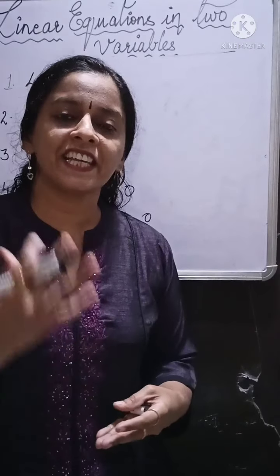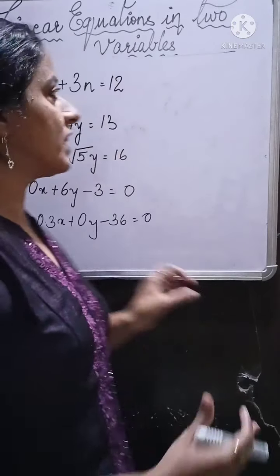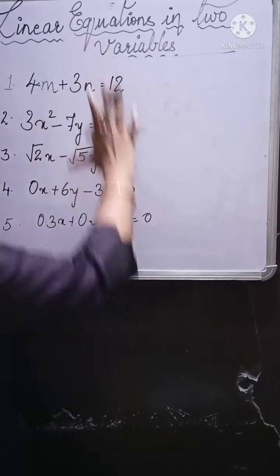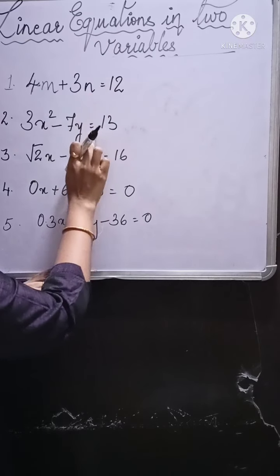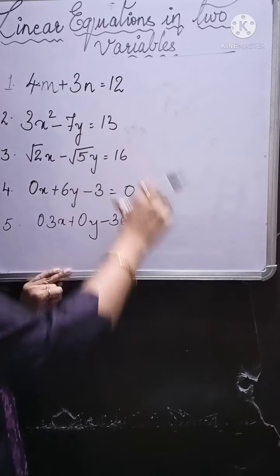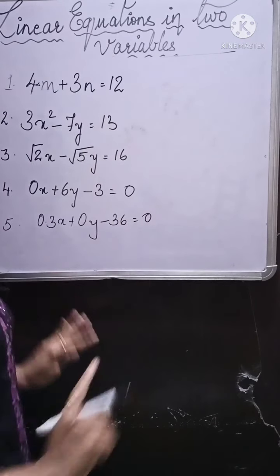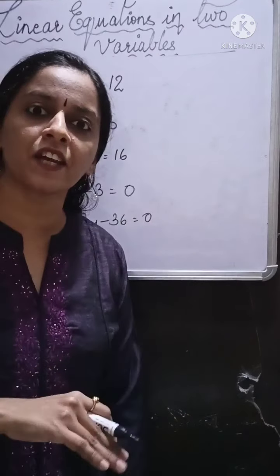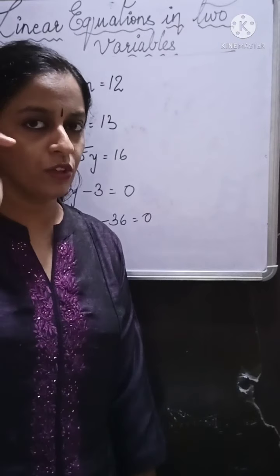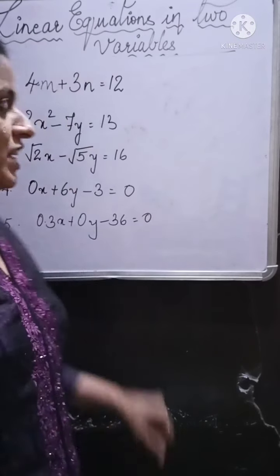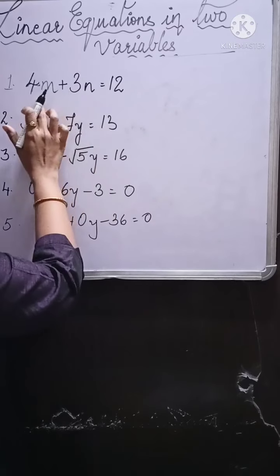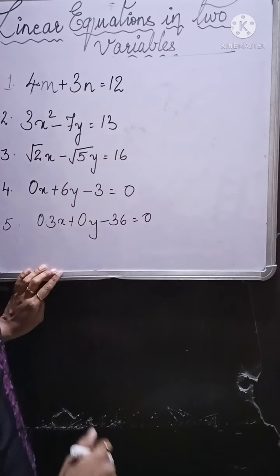Let's discuss linear equations in two variables further. Some equations are given here. As you can see, there is an equal to sign and there are expressions, so these all are equations. Out of these, we have to select which are linear equations in two variables, so you have to keep in mind the condition. Let us take the first example: 4m plus 3n equal to 12.